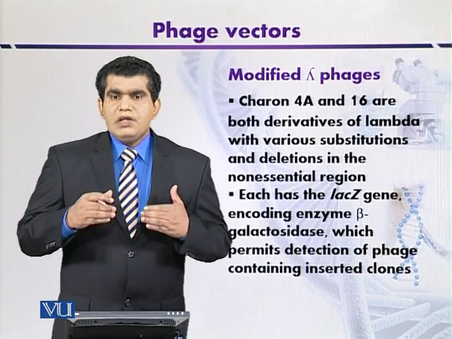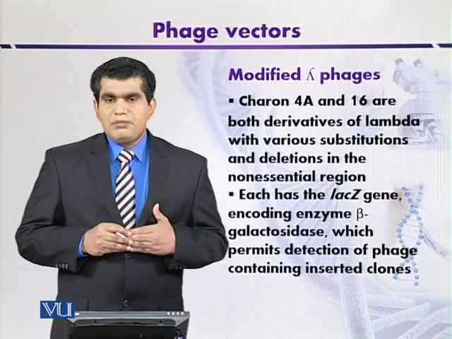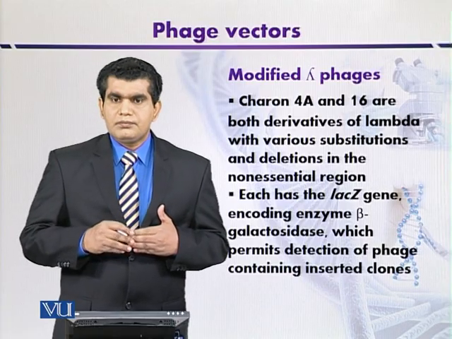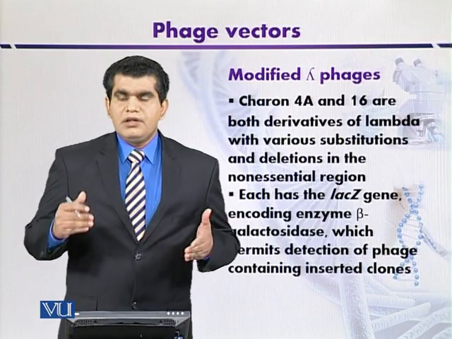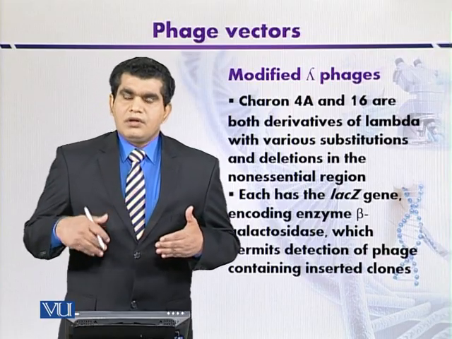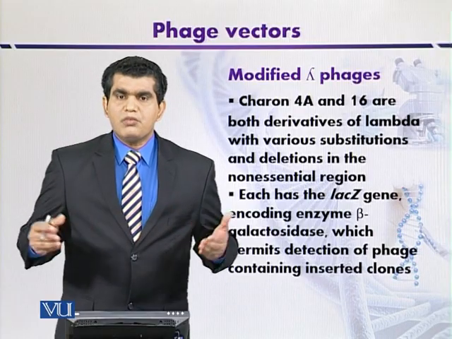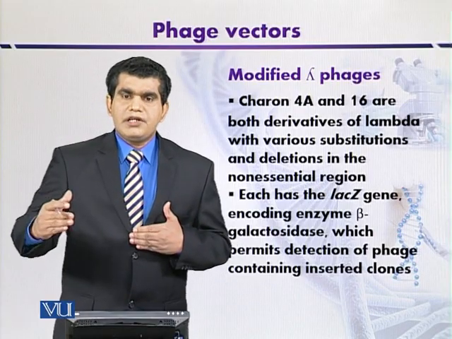If we compare these two types of vectors, Charon 4A and Charon 16, then one can say that in case of Charon 4A, the fragment has been removed and foreign DNA has been inserted.